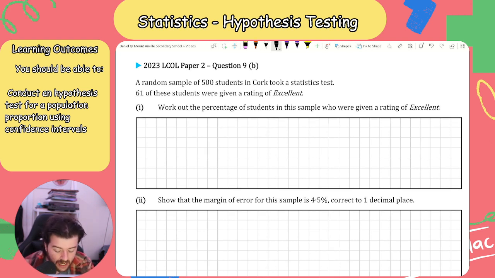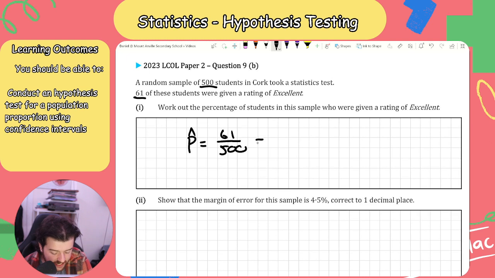So question 1 is asking me here, work out the percentage of students in the sample who were given a rating of excellent. So my sample proportion, p hat, is equal to 61 out of 500 students who got a score of excellent in the statistics test.